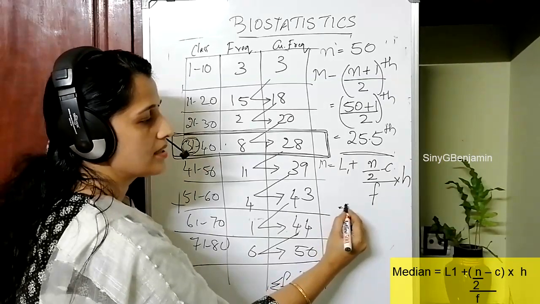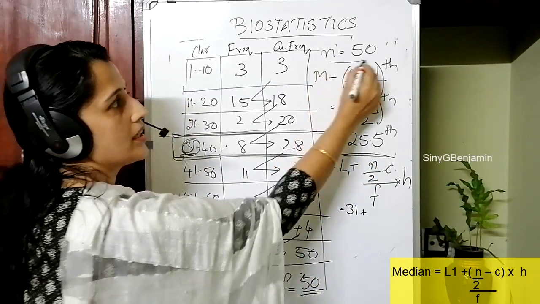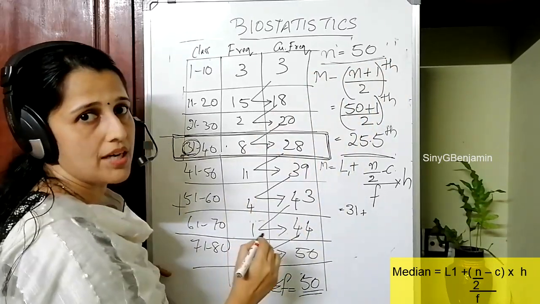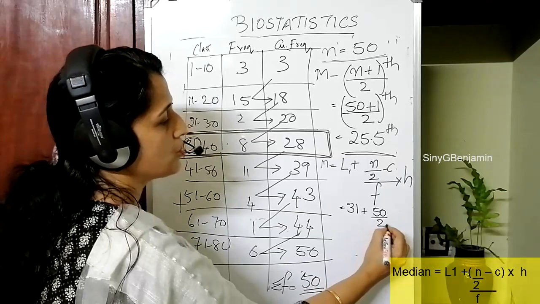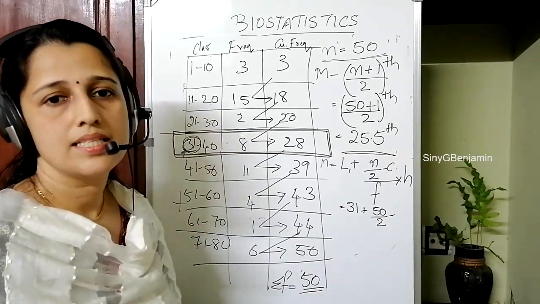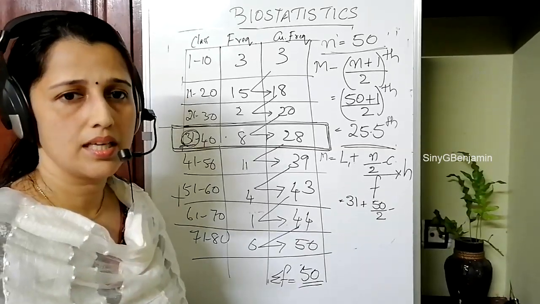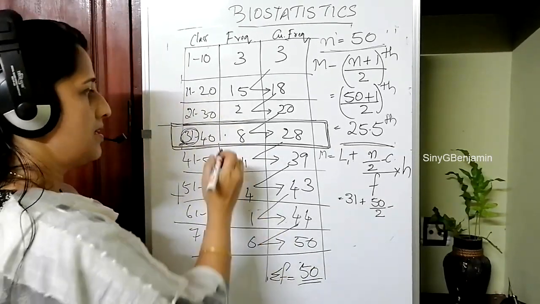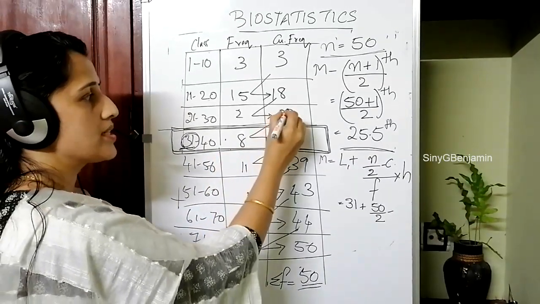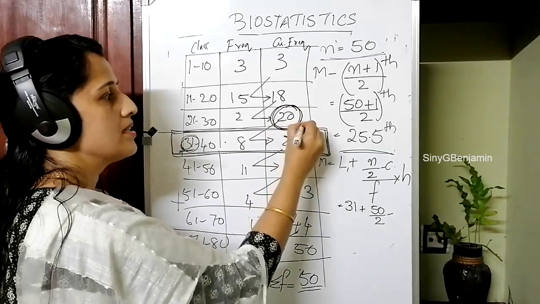So L1 is 31. Then N, the number of observations, is 50, divided by 2, minus C, and C is the cumulative frequency of the class preceding the median class.